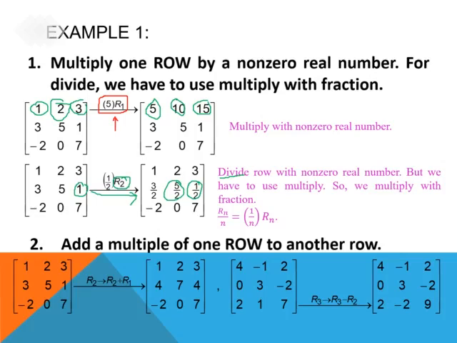Number 2, we add or minus a multiple of one row to another row. So first we draw the arrow at row 2 because row 2 will change into a new element, and this is the operation.